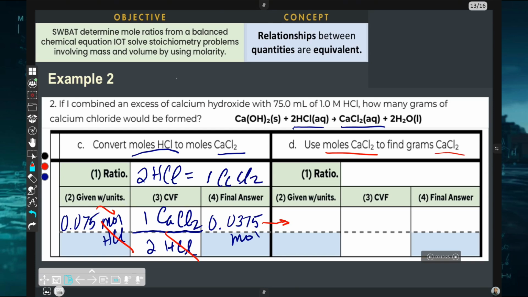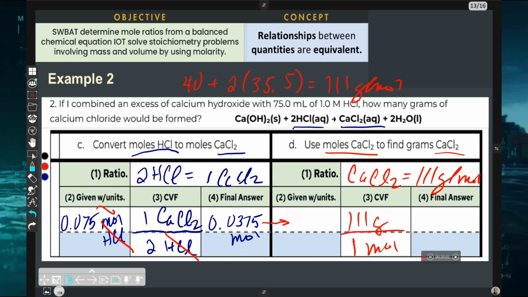Well, calcium chloride is 40 plus 2 times 35.5. So 71 plus 40 is 111 gram per mole. All right. So if we say that calcium chloride is equal to 111 gram per mole, we can now set this up so that the mole is on the bottom. 1 mole, 111 grams.